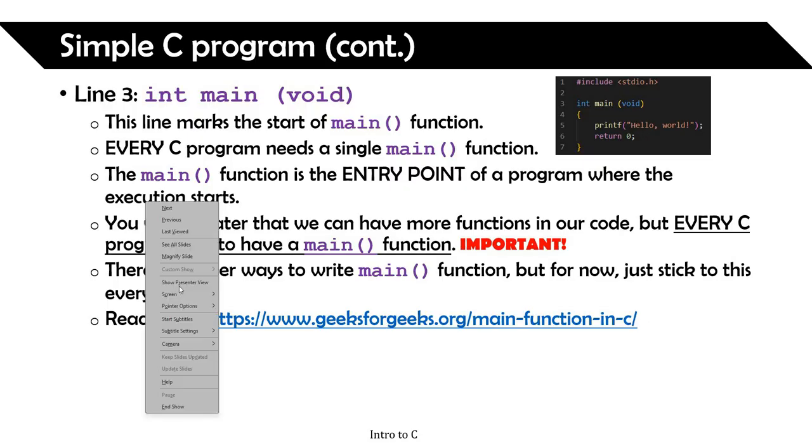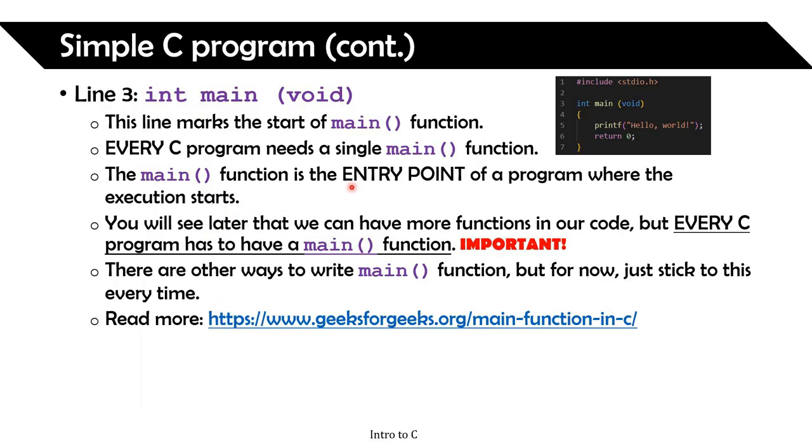So the main function here is the entry point. Entry point means when the compiler is compiling and wants to execute, it needs to know where to start from. Whenever it sees the main function, that is the entry point where the program starts to be executed.